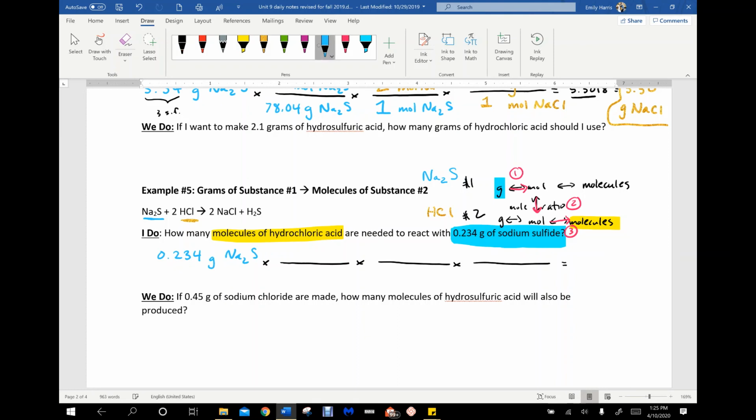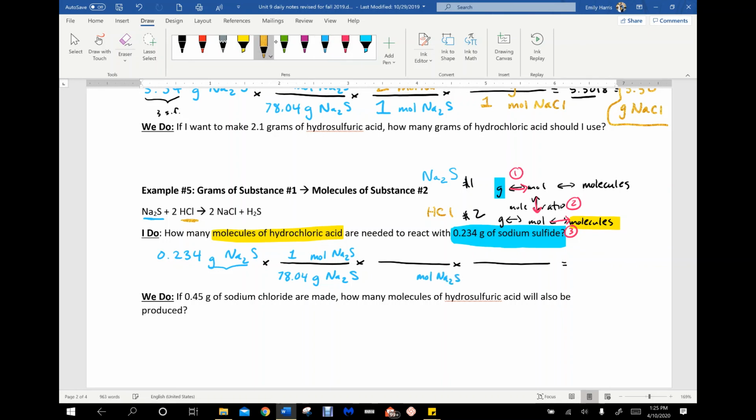Now I copy my starting unit to the bottom of the next fraction, and I'll look at my framework to see what my first step is. My first step is to go from grams to moles. And again, I'm still using that first substance. So I'll add up its molar mass, which we already found to be 78.04 grams per 1 mole. Now I'm ready for step 2, which is using the mole ratio.